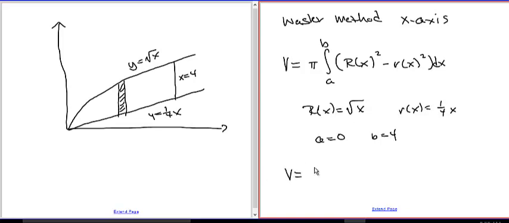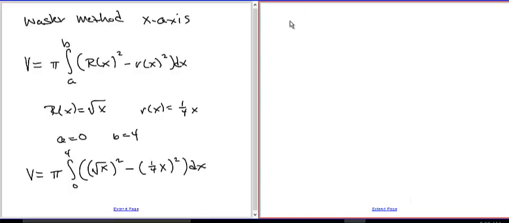So the volume would be equal to pi times the integral from 0 to 4 of the square root of x squared minus 1/4 x squared times dx. And I'm not going to work through the entire integral here because I'm going to simplify it.